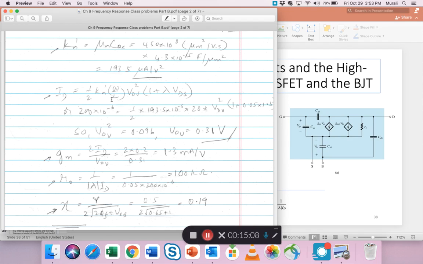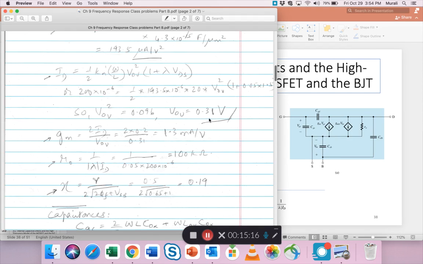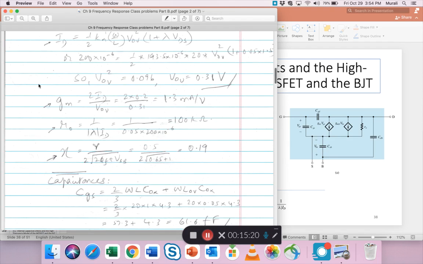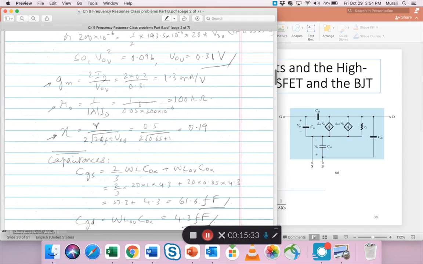ID is given as 200 microamps. So we can figure out VOV as 0.31 by substituting in this formula. Once we know VOV, GM is 2ID by VOV, which comes out to be 1.3 milliamps per volt. RO is 100K using this formula.